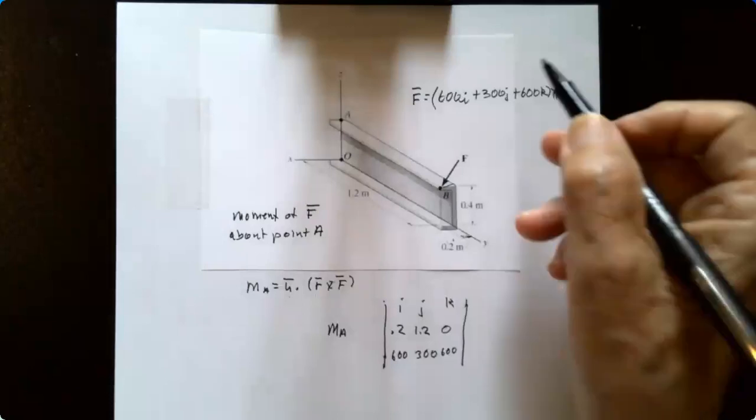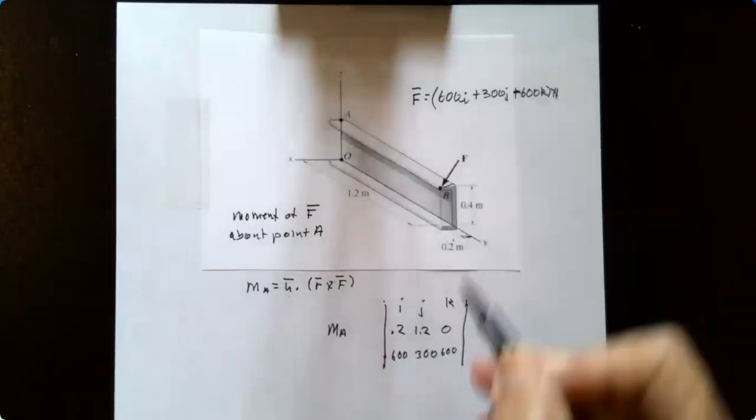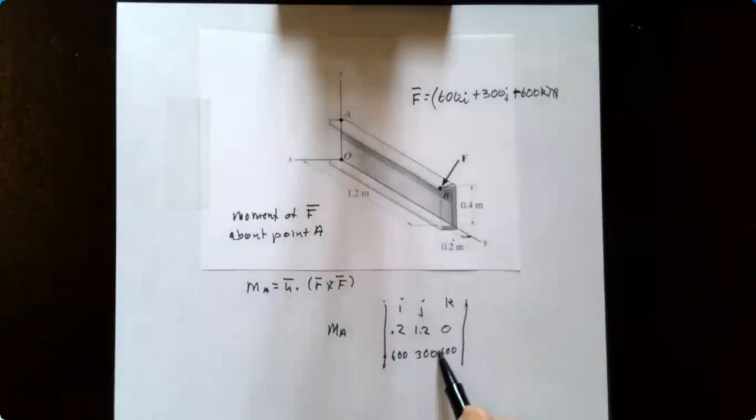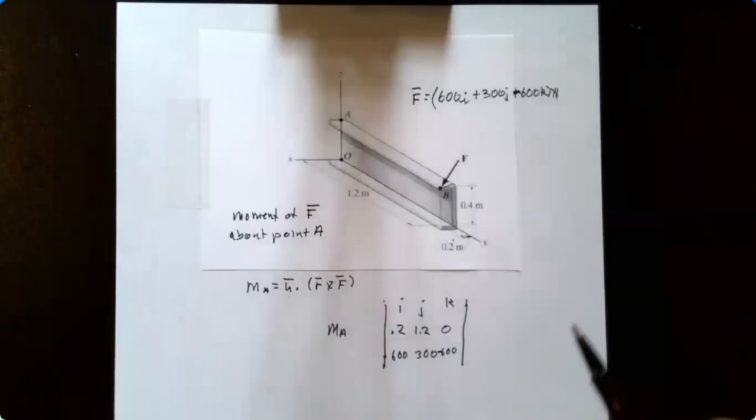See, I'm going to change this to minus 600 up here. Make that minus 600 in this direction. And we want the moment of the force about A.